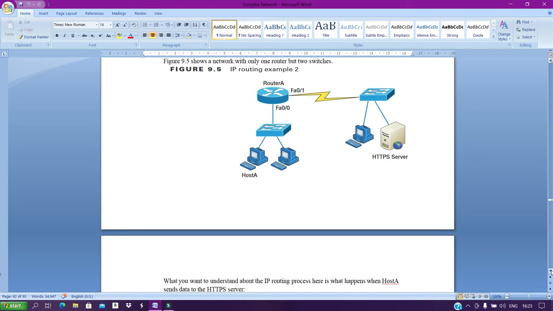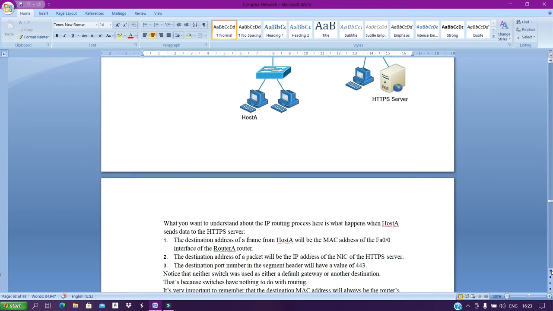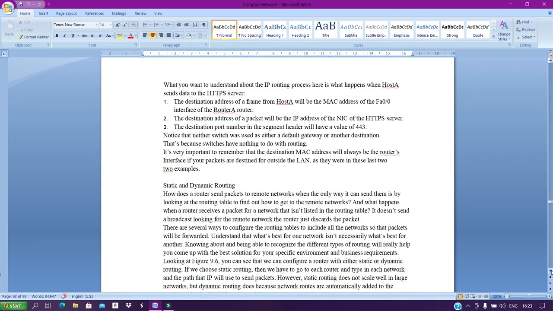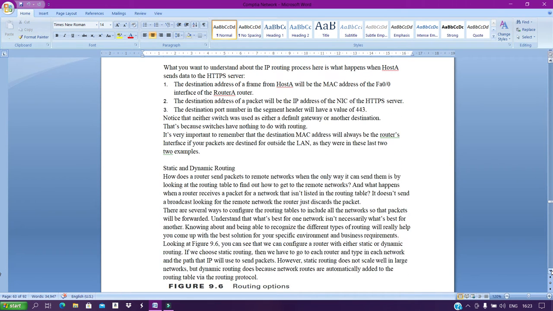Figure 9.5 shows a network with only one router but two switches. What you want to understand about the IP routing process here is what happens when host A sends data to the HTTPS server.